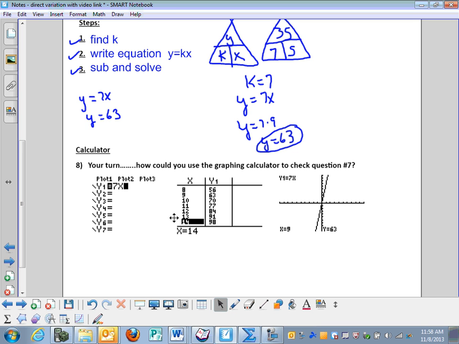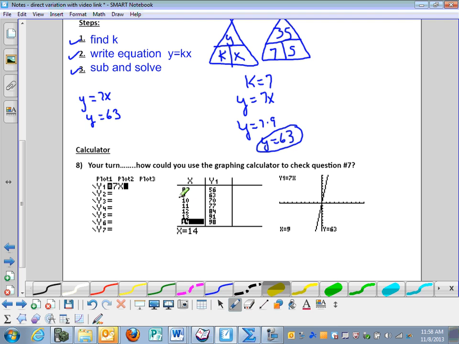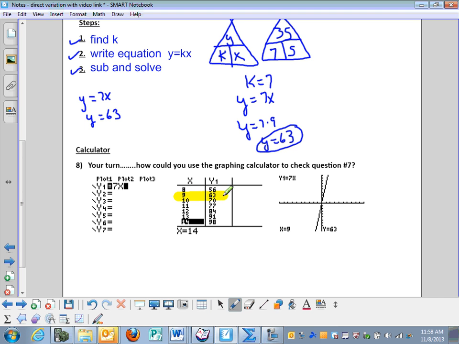Then I could look at my table and look at what the value of y is when x is 9, and right here y is 63. Or I could have hit trace, my graph, and trace, typed in 9, and when x is 9, y is 63.